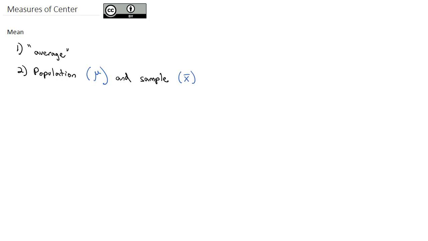Both the population parameter and the sample statistic for the mean have the same formula. The formula for the population parameter mu is the sum of all the x values divided by the population size.